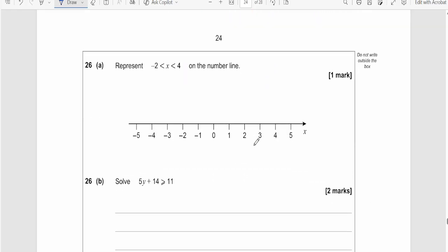So it says represent numbers, a number which is greater than negative 2 and less than 4. You know this greater than and less than sign, right? What are the numbers that are greater than negative 2 and less than 4?